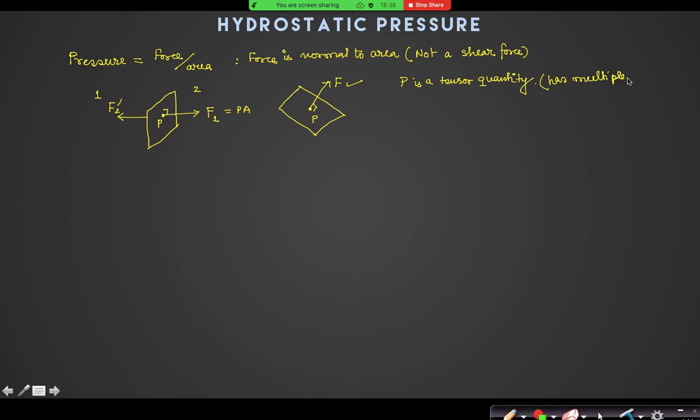Any direction you want, you can take. I want this direction, you can take. But the force will be perpendicular to this area. Anyone else can take another area through the same point, and the force will be perpendicular to that area, right? And the pressure is the same. So pressure has multiple directions, that is why it's a tensor quantity.